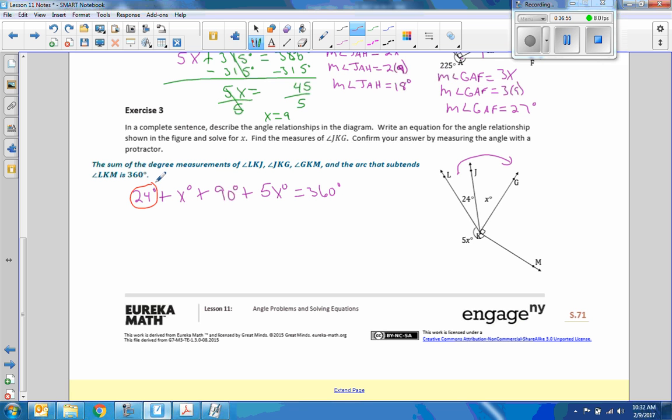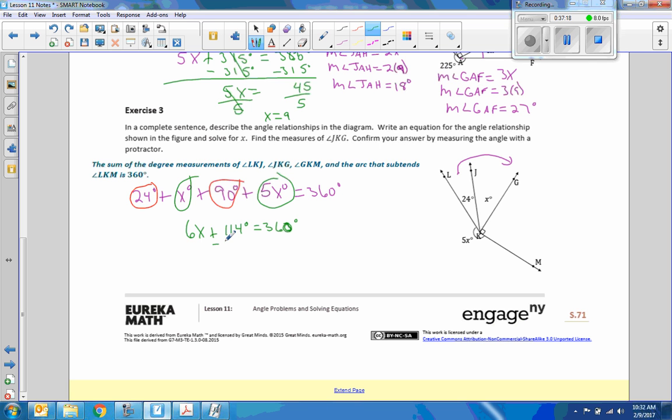Okay, 24 and 90 are my constants. X and 5x are my x's that are like terms. 5x plus x is 6x. 90 plus 24 is 114. And they equal 360 degrees.